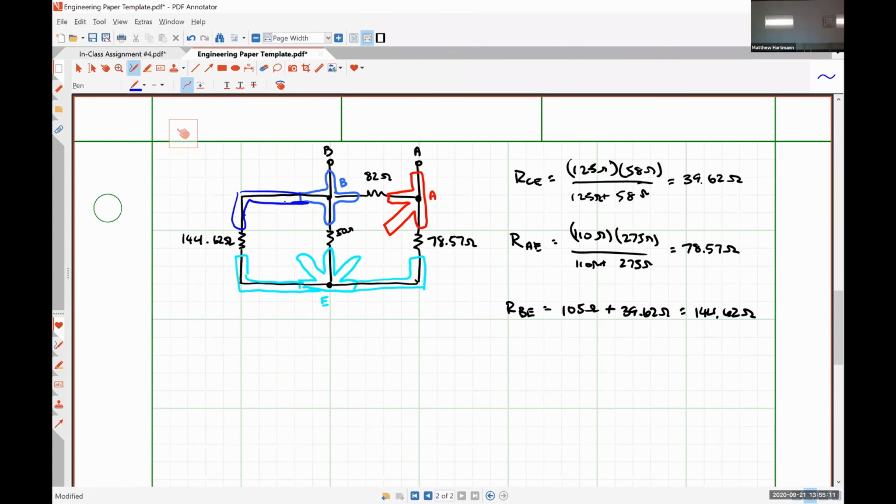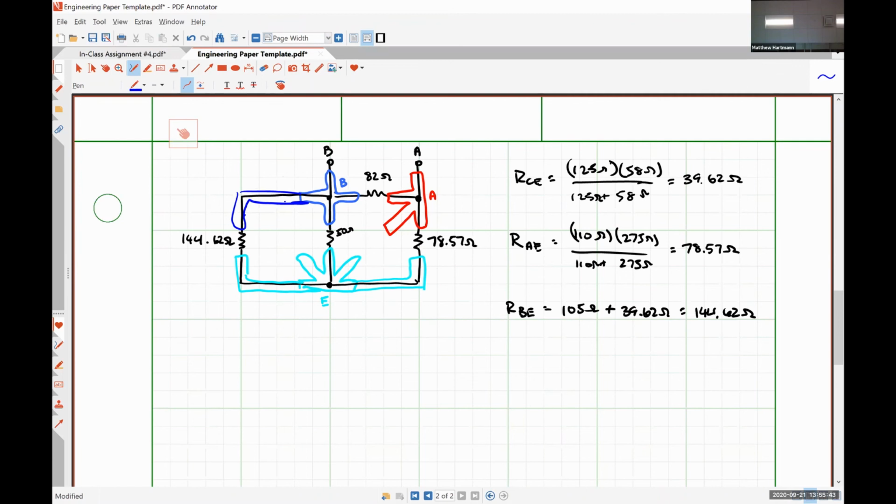So what's the next resistor combination that I can make? I'm sorry, could you speak up, please? So the 82 and the 78.57, they are not connected in parallel because while they do share the red node, they don't share the blue or the light blue node.